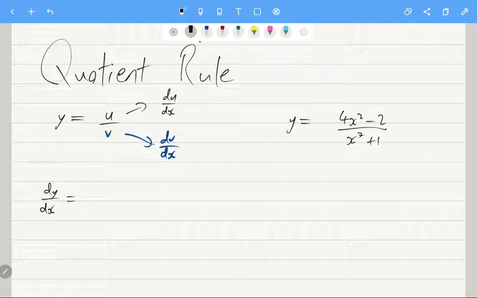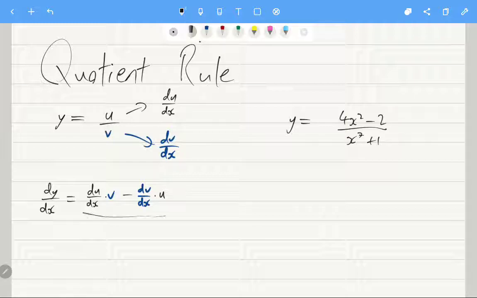dy dx is equal to the derivative of the top, du dx, multiplied by the bottom, subtract the derivative of the bottom, dv dx, multiplied by the top, u, all over v squared.